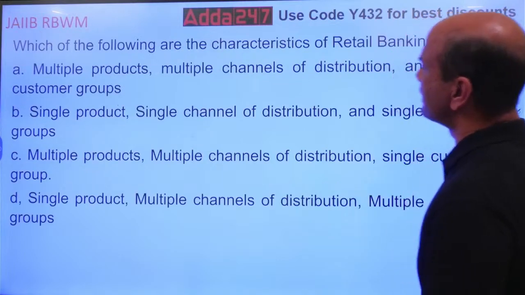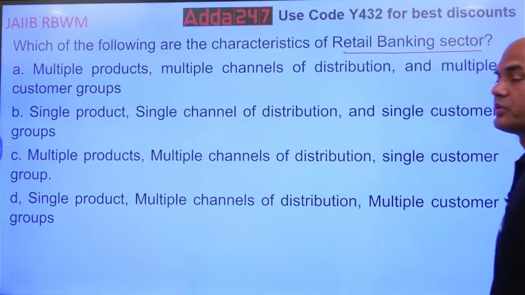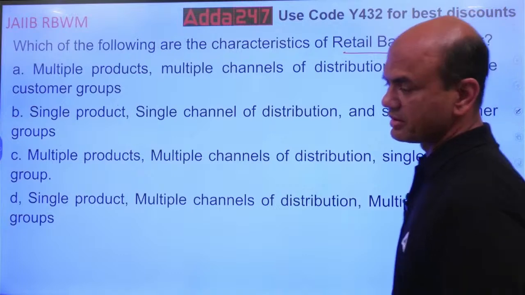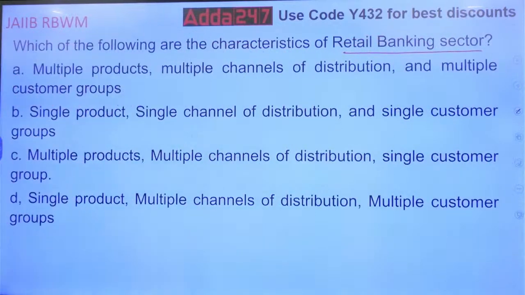Which of the following are the characteristics of the retail banking sector? See, characteristics of retail banking. Read everyone. First read the question. Multiple products, multiple channels of distribution, multiple customer groups.